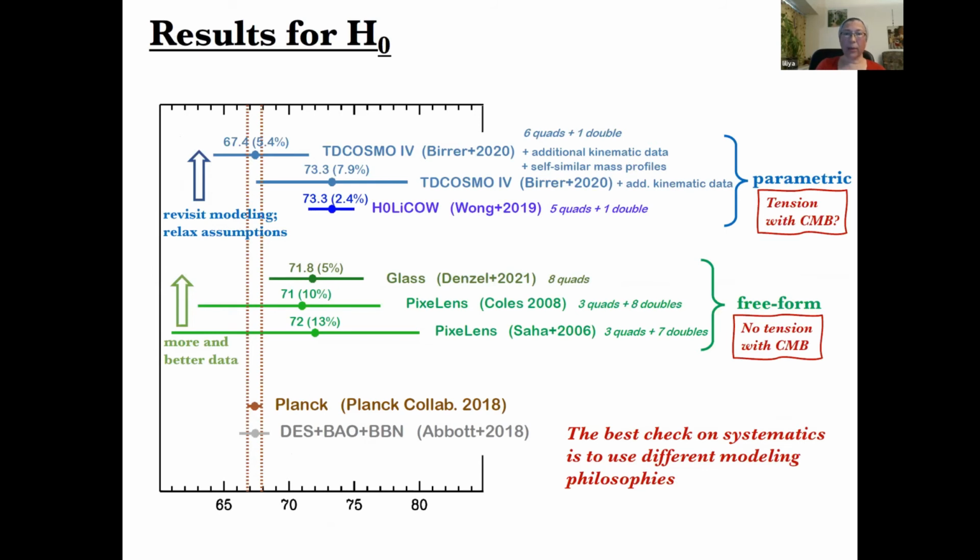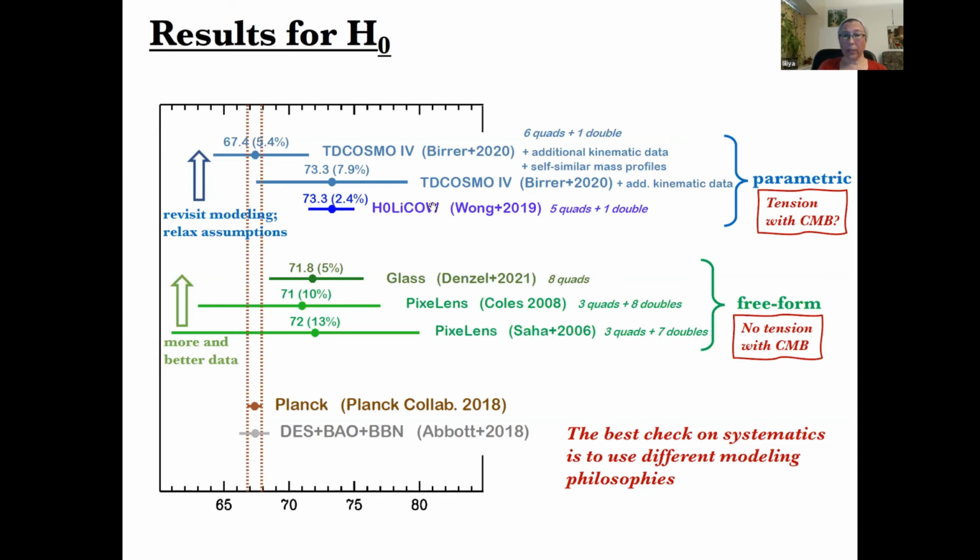And this is what we have for results. Let me start with Holy Cow, actually, which is in the field of H naught derivation from lensing. This is the result that you've probably heard of. The value is constrained at 2.4%, and it is in agreement with the CMB, with the Planck measurement for sure. That analysis uses 5 quads and 1 double.